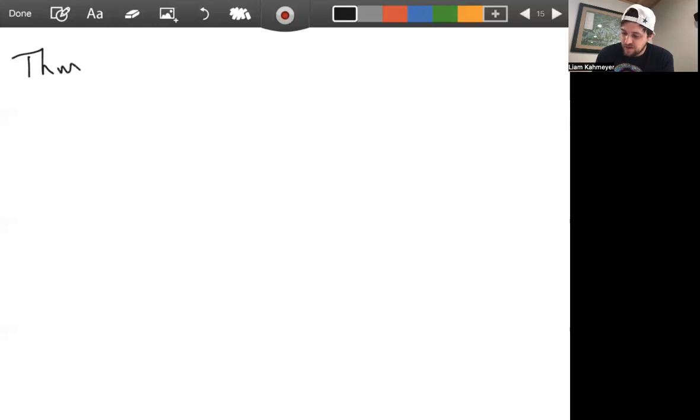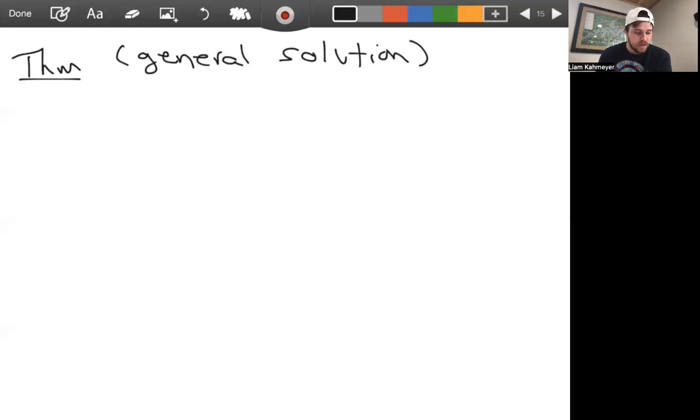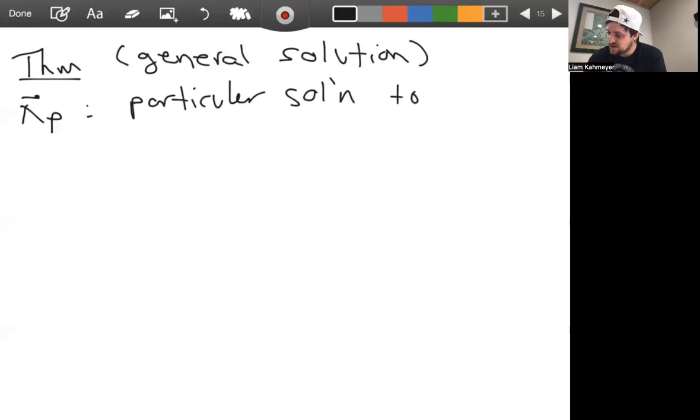So here's a theorem. So these are general solutions. Let's say X sub P is a particular solution to T of X equals B, okay?